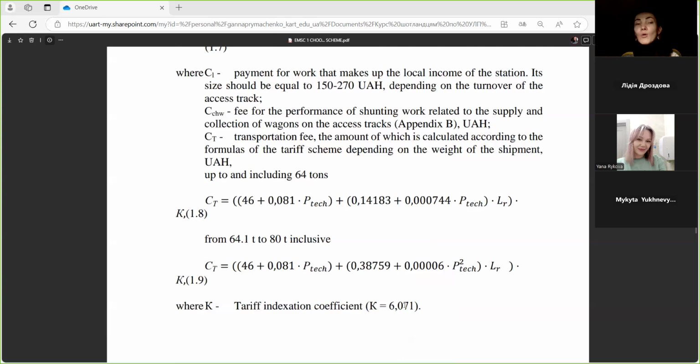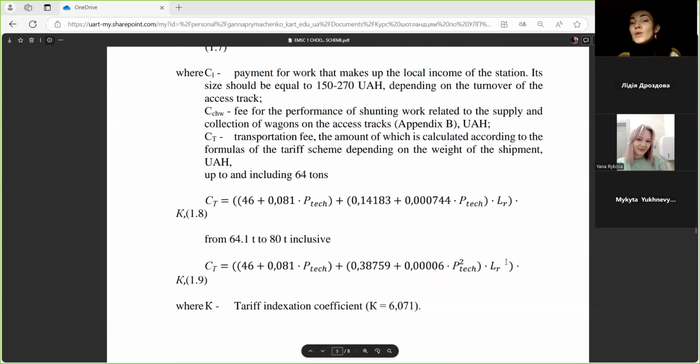It is the same for all variants, 6.071. So we could use it here. And if you choose the second formula by your points, you could use the same, but be careful, it is squared, P with index t squared, and also the same.